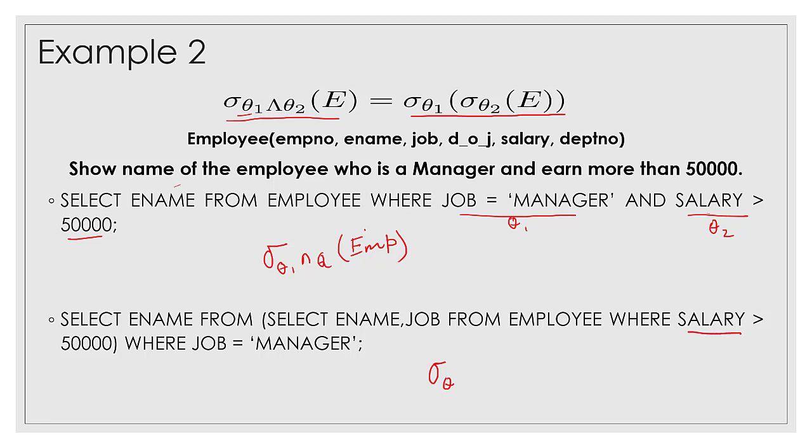In the first case, we have considered this as theta 2, and this is my theta 1. Now we are selecting the data on theta 2, then we are selecting the data depending on theta 1. So in this case, the number of tuples will reduce depending on the salary, or theta 2. Then the outer query will need to work on less data.